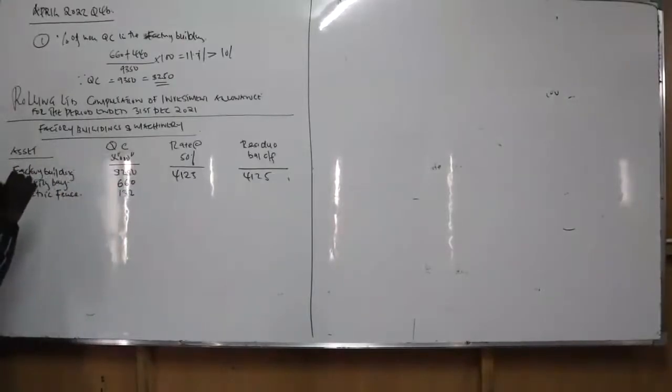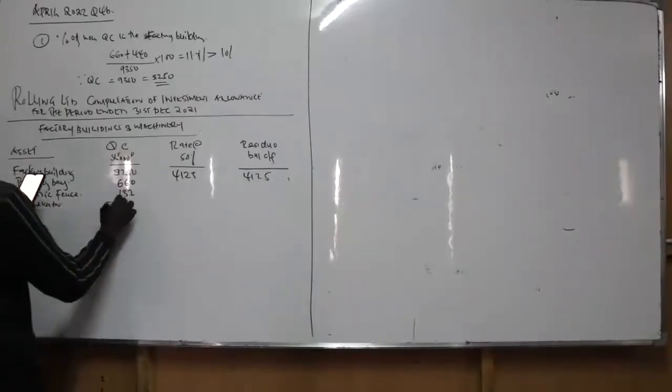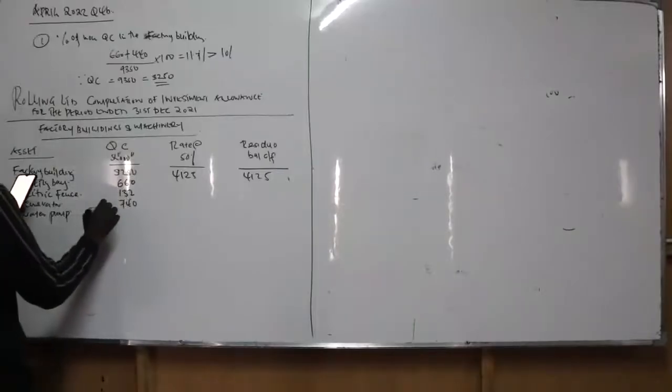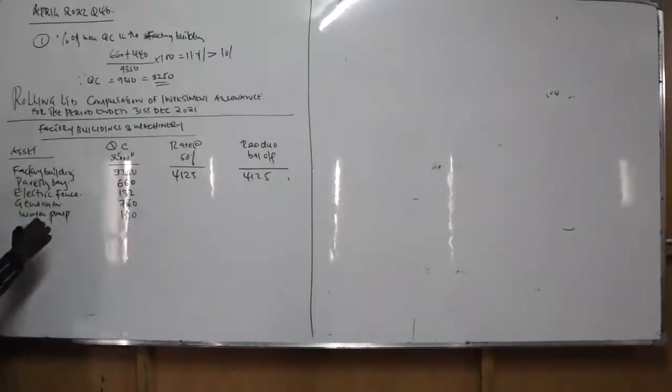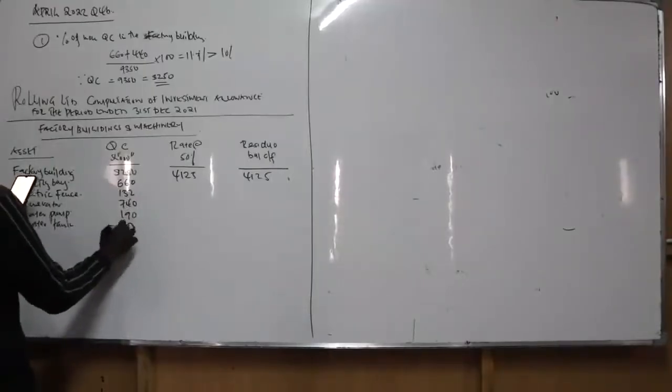And then we have staff canteen, sports pavilion, go down. Then other assets that were acquired at the commencement of operation were as follows. We have generator, the amount was 740. Water pump, I'm just listing them before I claim. Water pump, the amount is 190. And then we have water tank, the amount is 100,000.